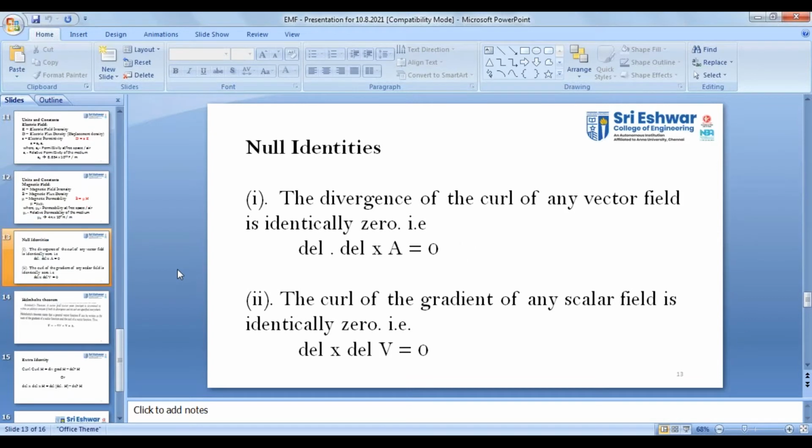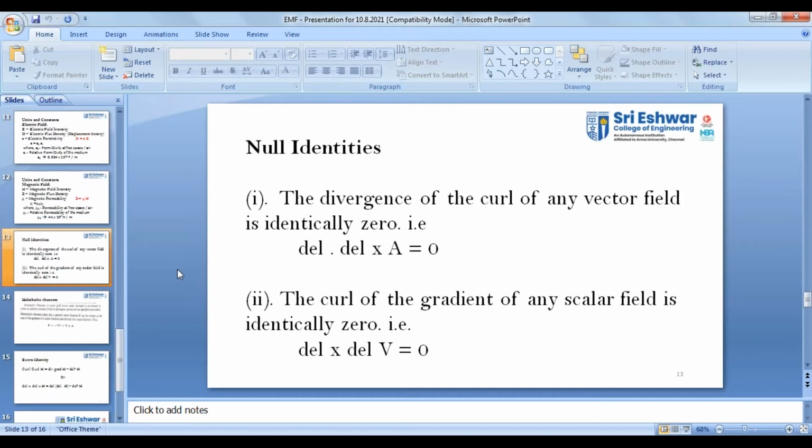Then we have seen two null identities in our first module. We have discussed and derived them also. These two identities are called null identities because their right hand side values are zeros or nullified. Del dot del cross A is equal to 0 is the first null identity, and the second one is del cross del V equal to 0.